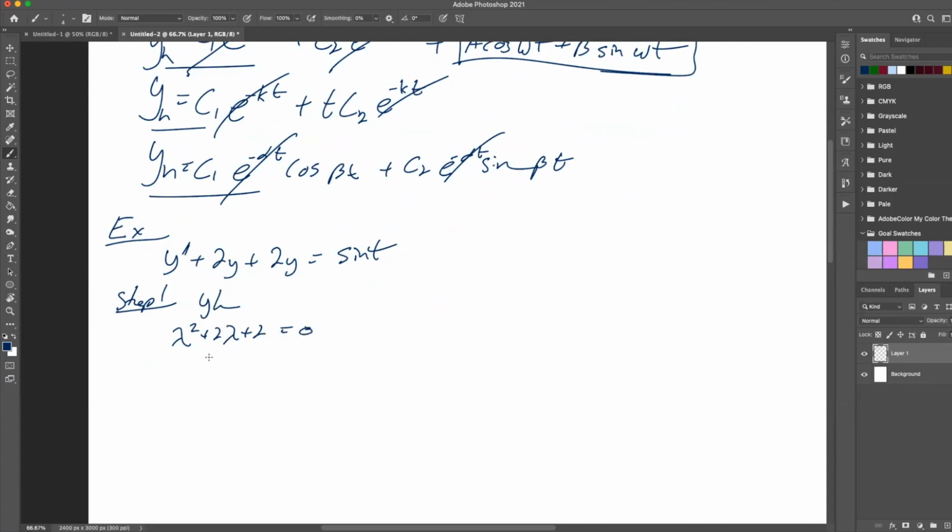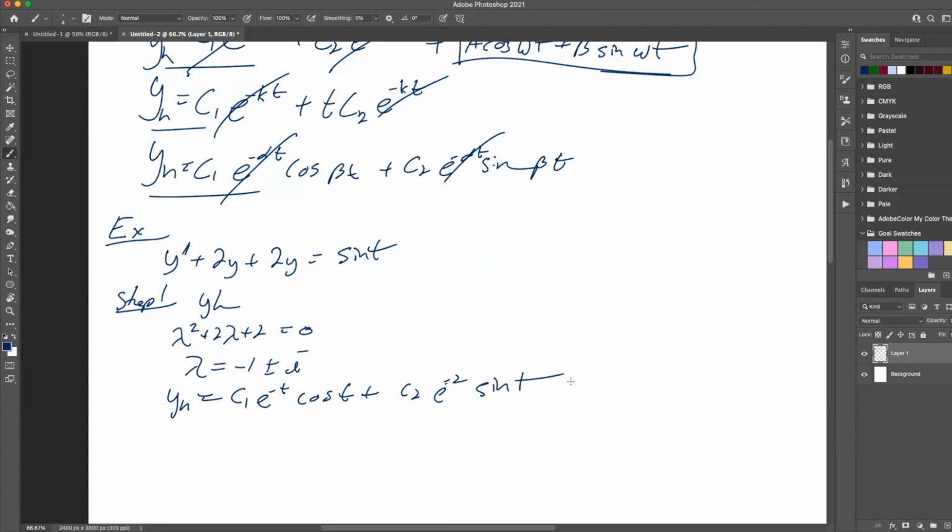That means that lambda is negative 1 plus or minus i, and so my homogeneous solution here is C1 e to the minus t cosine t plus C2 e to the minus t sine of t. Okay.